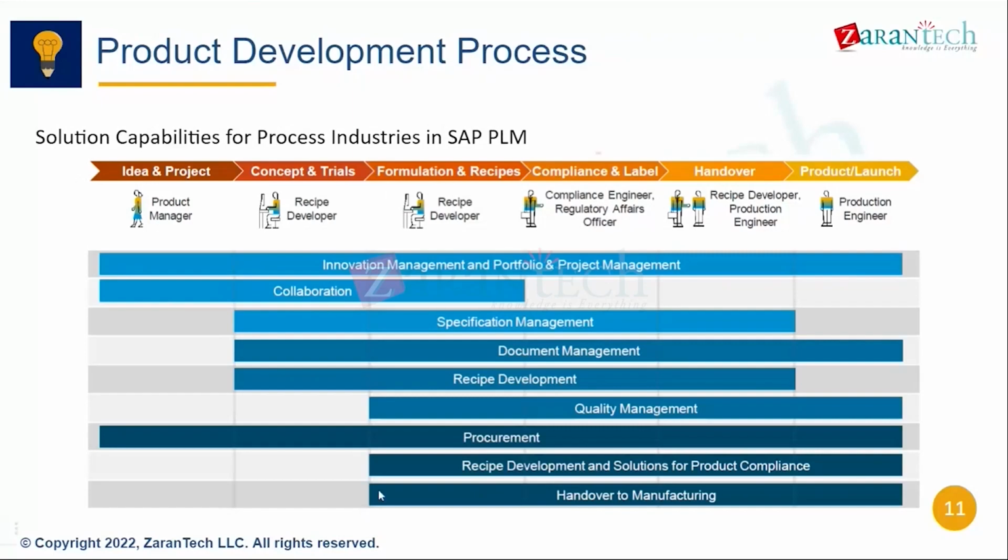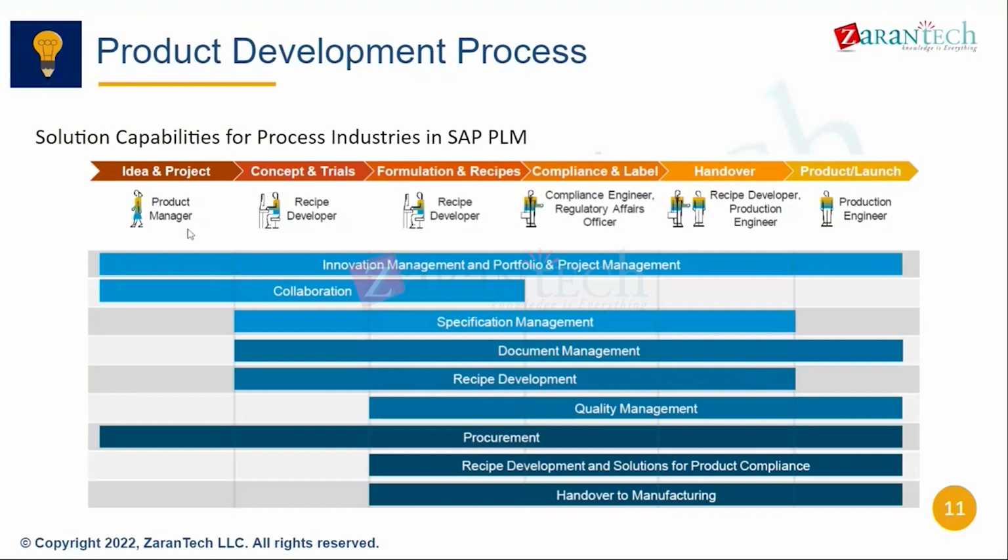So all of what you are seeing are SAP modules or some modules which must be incorporated when we are implementing SAP PLM for process industry. You can see here, in each of the blocks, the respective authorized group of users or authorized persons who need to be involved within each block of the stage.